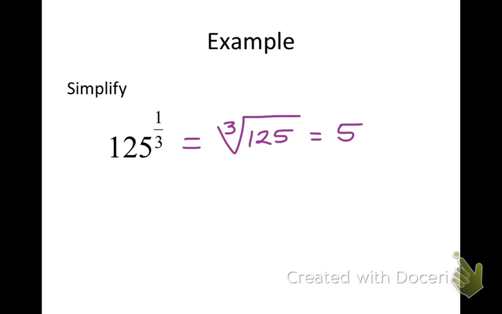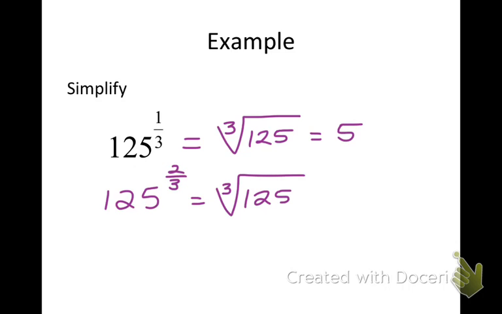If it was like 2/3, would it be 6? So if it was 2/3, let's go ahead and jump there. Thanks, Zax, for asking that question. If it was 2/3, then I would take the cube root of 125, and then whatever that answer would be, I would square it. The cube root of 125 is 5, and if I square that, I end up with a final answer of 25.